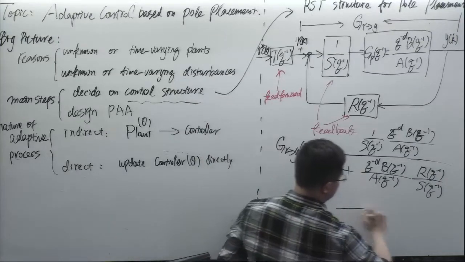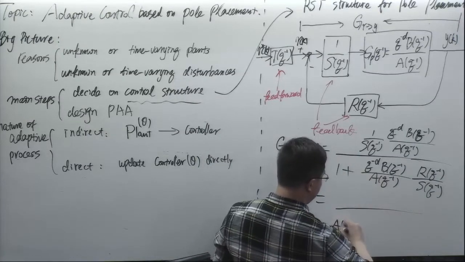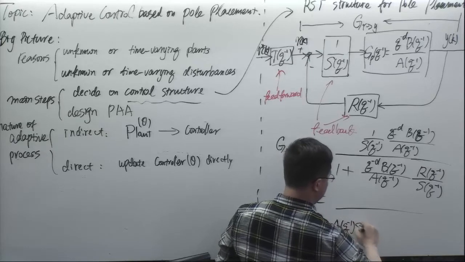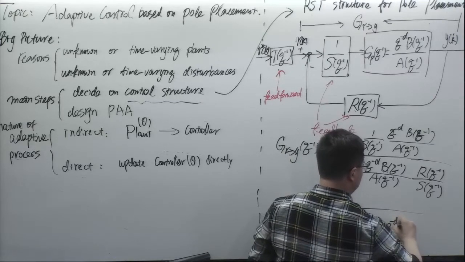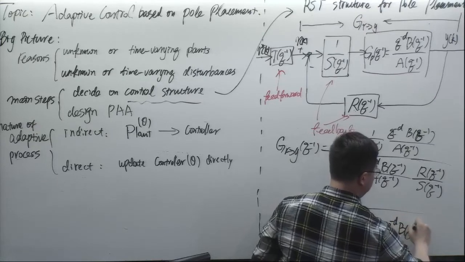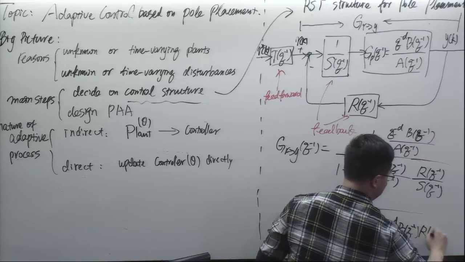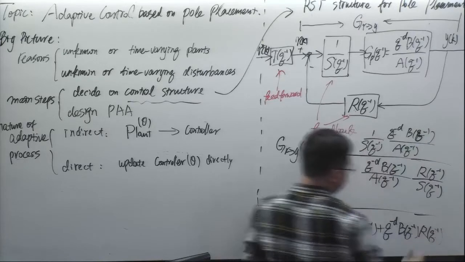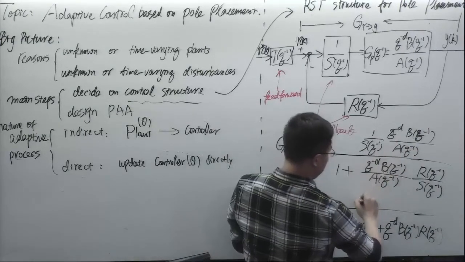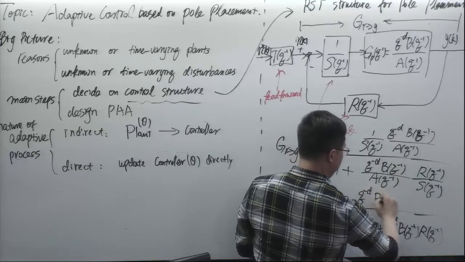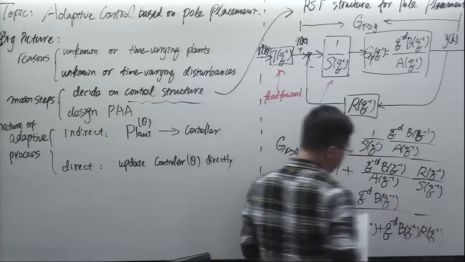And it equals, in the denominator, A Q S plus Q B R. And then the numerator is Q to the negative D, B Q inverse.